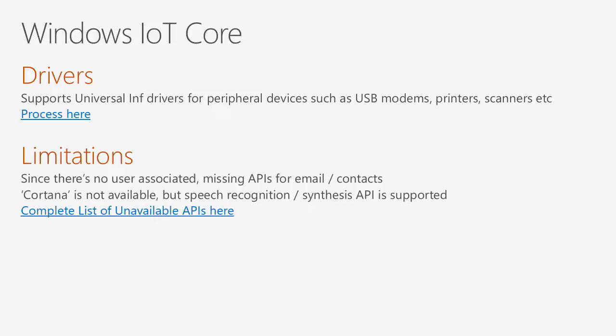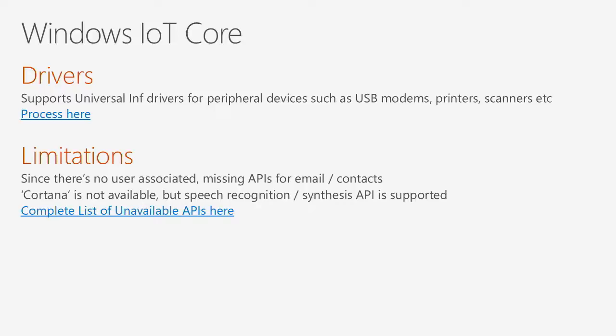So if you got a USB modem or some sort of printer and scanner or some sort of POS device, like barcode scanners, that sort of thing, you can port it over if you got the universal INF drivers. There's a lot more details in the link up there, but basically what you do is you do an export on your PC and then import it.